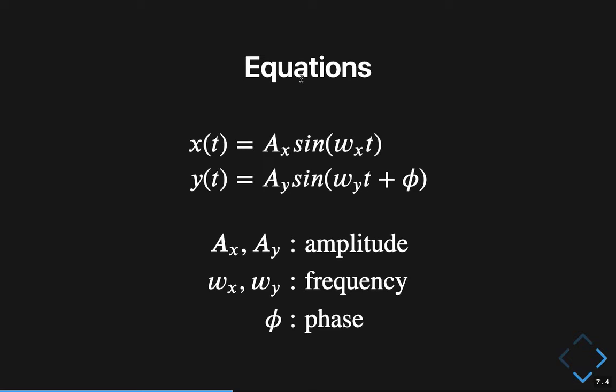The equation of the Lissajous curves is these two sine functions. You can observe that the sine functions have different frequencies, and maybe you can assign different amplitudes, and phi is its phase.